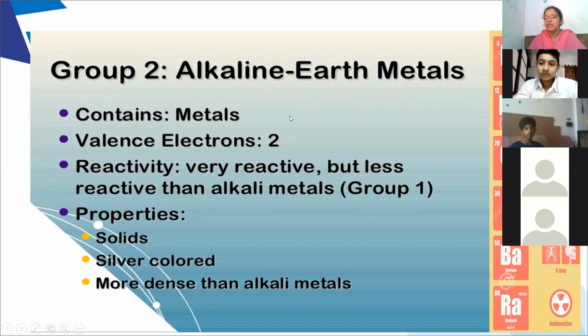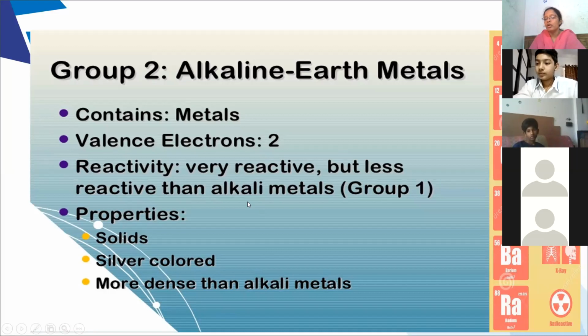Here we have to understand the valence electrons are 2. Therefore, the valence is also 2. They are electropositive, but compared to first group elements, the electropositive nature, or the tendency to react, the chemical reactivity, will be less.